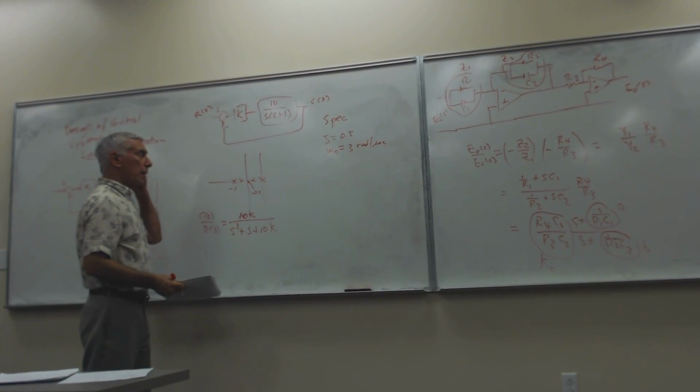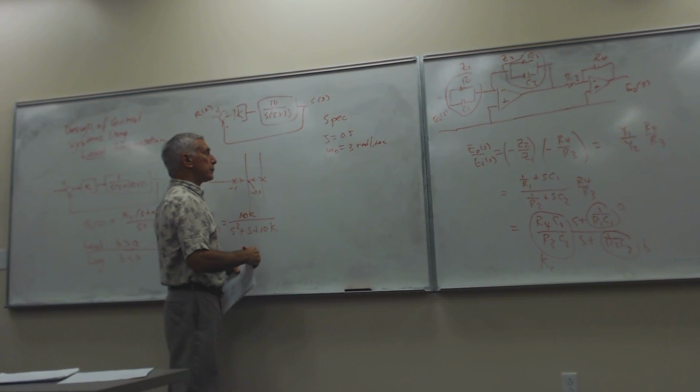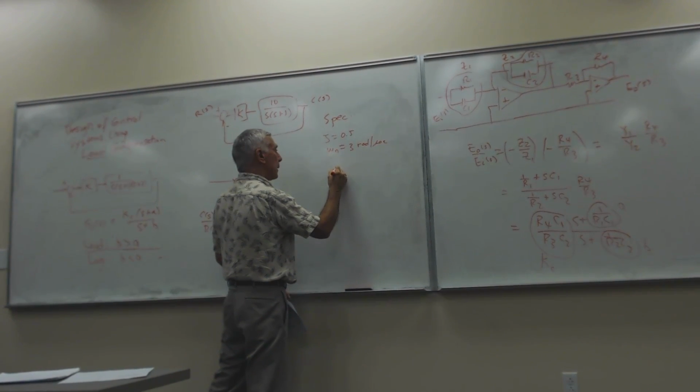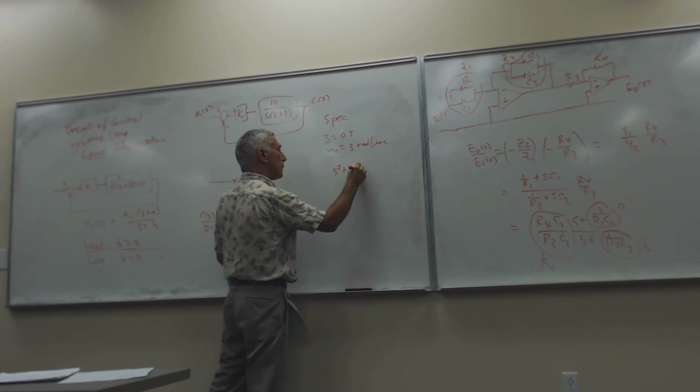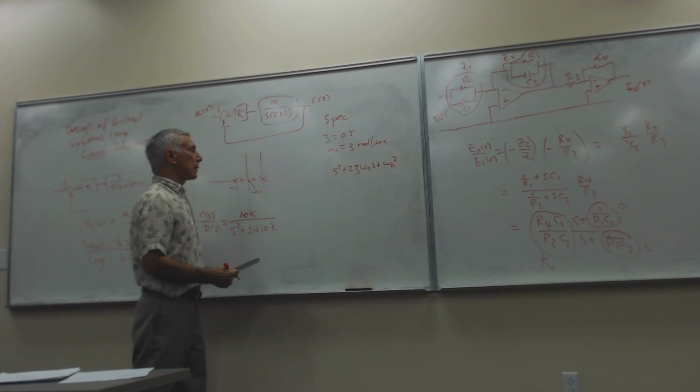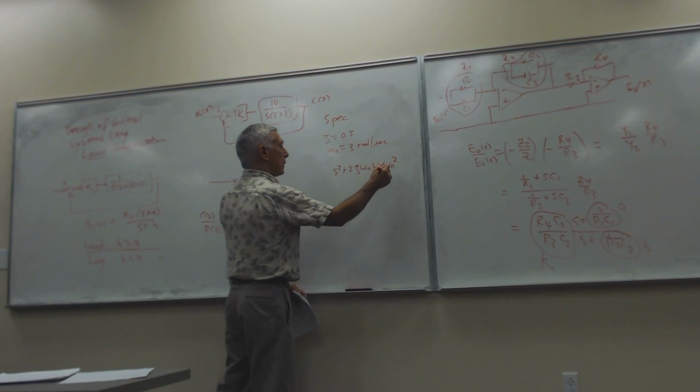Okay. And over here, the characteristic equation will be s squared plus 2 zeta omega n s plus omega n squared, and it equals 0.